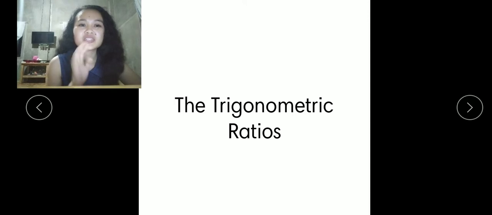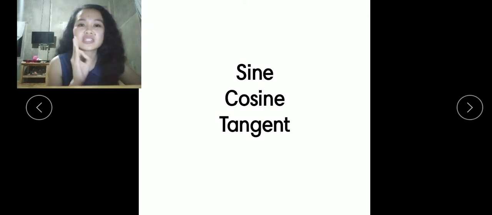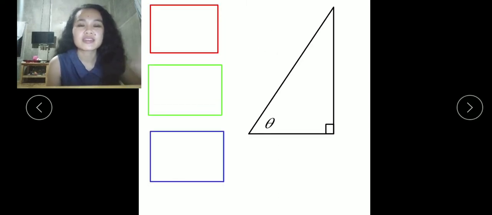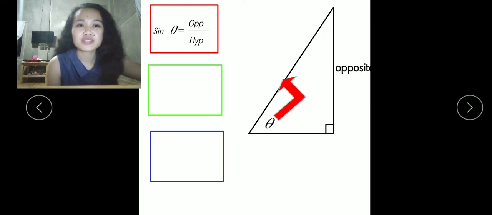So we have the trigonometric ratios. We have the three major trigonometric ratios: sine, cosine, and tangent. When we say sine theta, that is equal to opposite over hypotenuse.